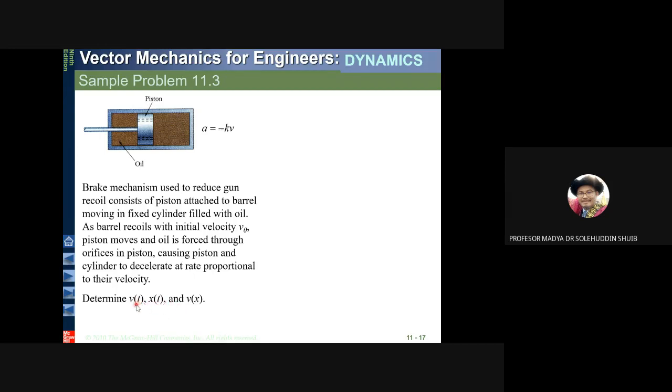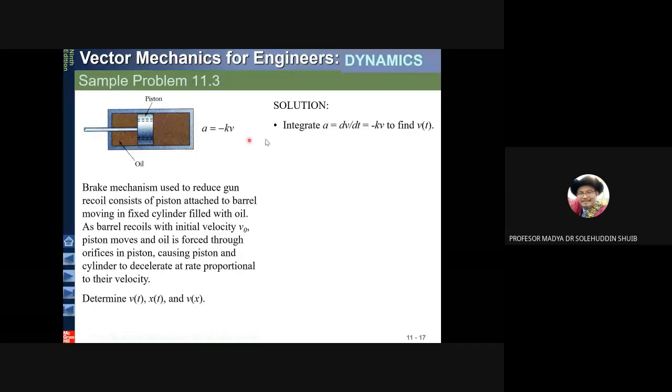Remember, v(t), x(t), and then v(x), the velocity as a function of x. This is the basic question given. So the first thing you need to do, our strategy, is to integrate acceleration.